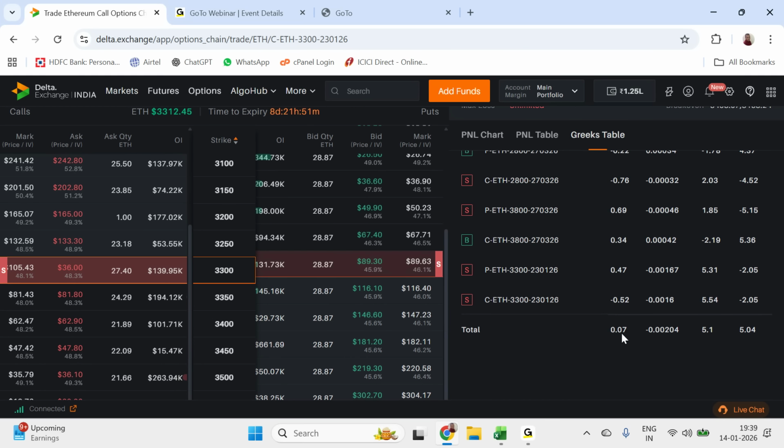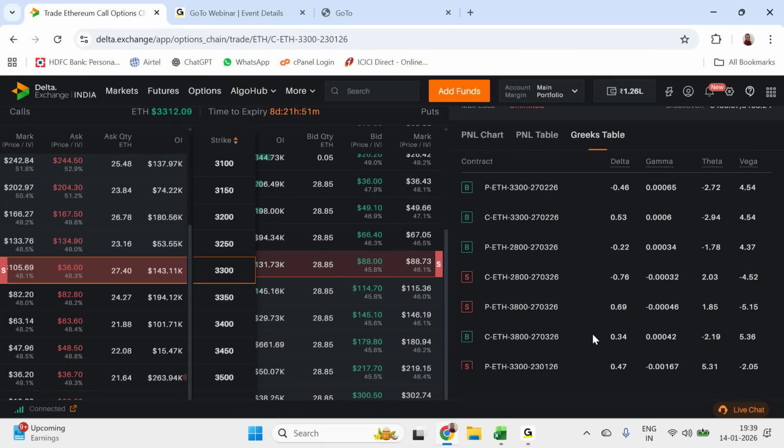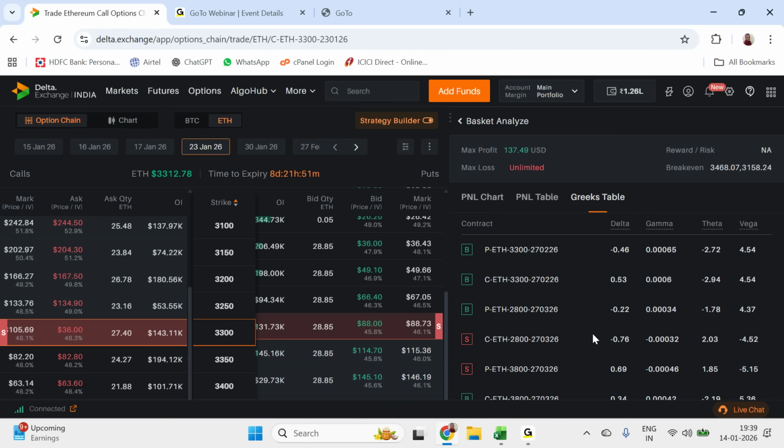In the second case, theta has come down to the 16 level, and in the third case 5. All three are acceptable. And the very next day, as you go closer to the 23rd, this theta will also increase. So these are the three different ways you can initiate.